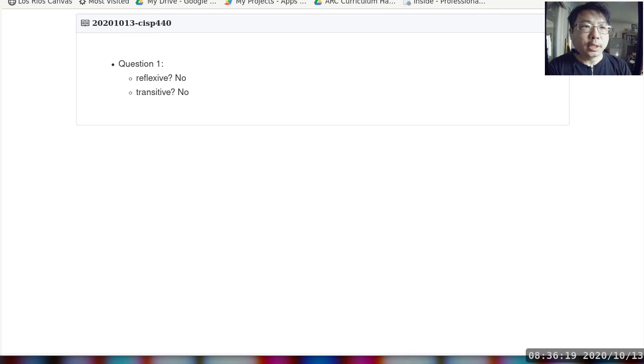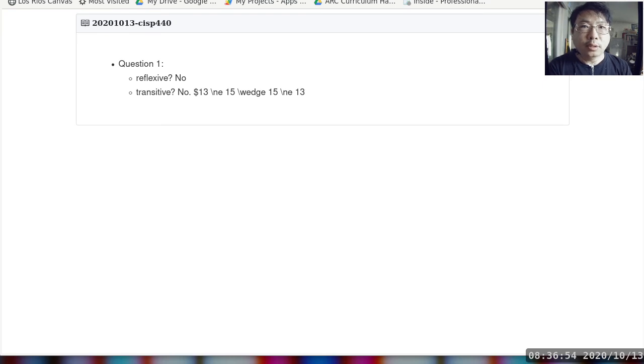Let me just use an example. For the first one I'm not going to use an example, because reflexive is fairly clear: an integer cannot be not equal to itself, because every integer does equal itself. But transitive is a little bit trickier, so let me type out why that is the case. 13 does not equal 15, and 15 does not equal 13.